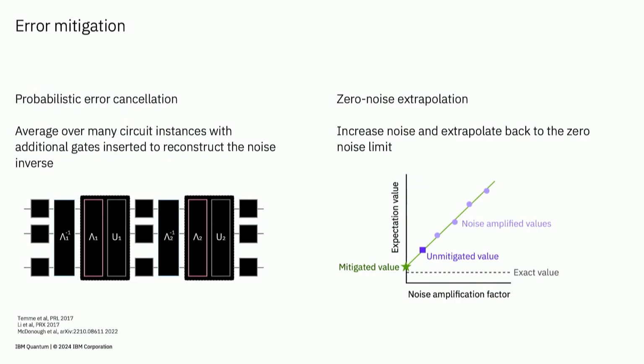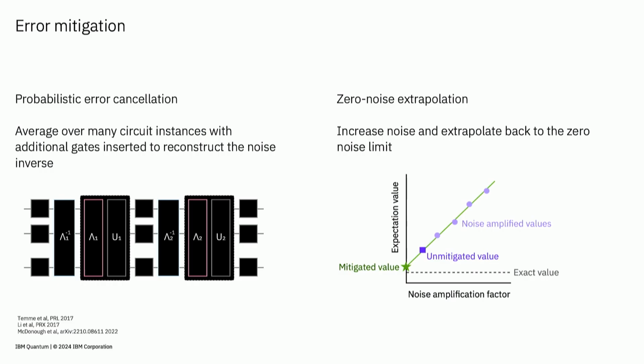Okay? And then the other piece is going to be error mitigation, right? You have signal, but then you want to take that signal and then actually report something that's accurate, something that you might have got from a noiseless quantum computer, right? And I'm going to talk about two methods that were invented at IBM, probabilistic error cancellation and zero noise extrapolation.